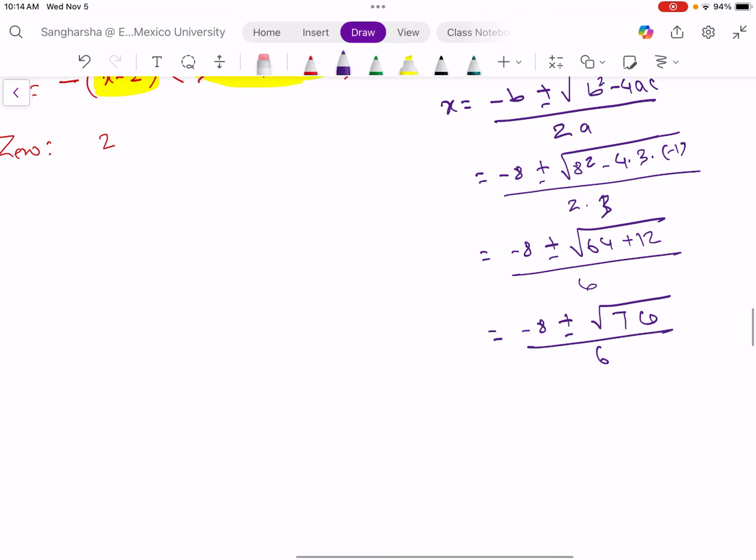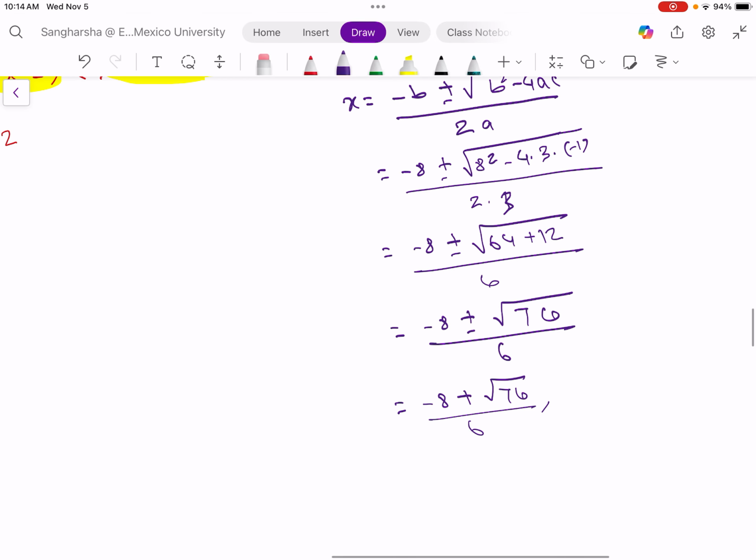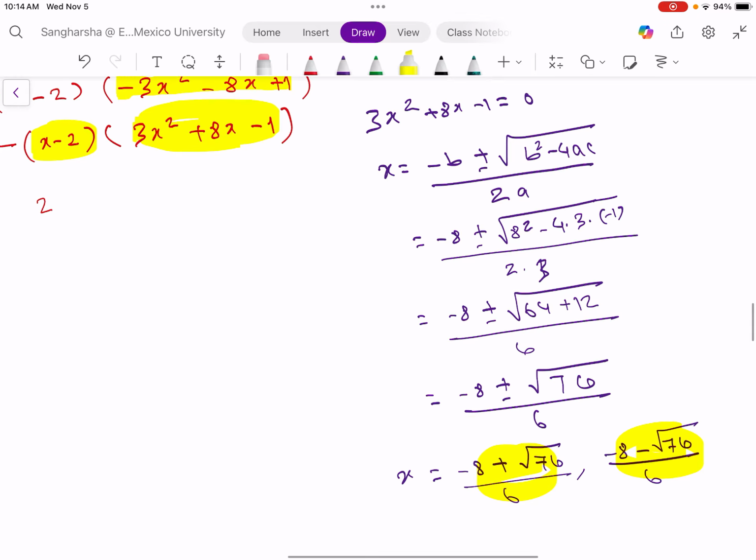So negative 8 plus square root of 76 divided by 6, and negative 8 minus square root of 76 divided by 6. So these two are the numbers that make this quotient equal to 0.